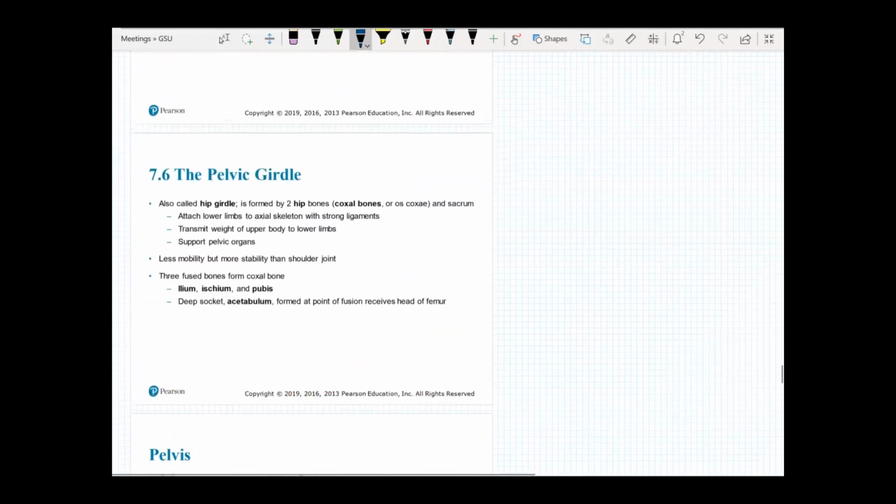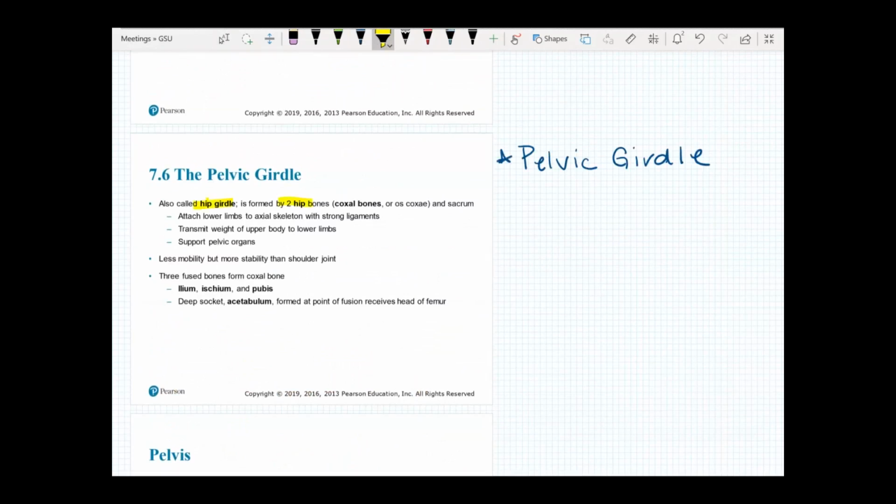Okay, the last section is going to be the pelvic girdle, how we attach our lower limbs to our skeleton. This is sometimes called the hip girdle, and it is made of only 2 hip bones. But what's interesting about these bones is that each is made up of 3 bones. So your pelvic girdle will be made up of 2 coxal bones, a right and a left coxal bone, but each coxal is made up of 3 fused bones.